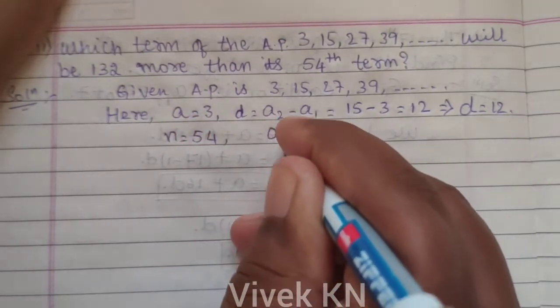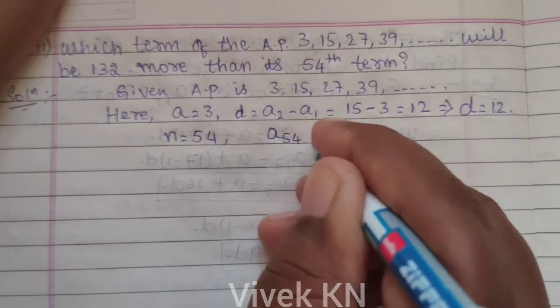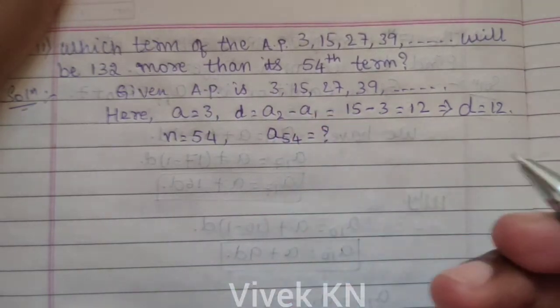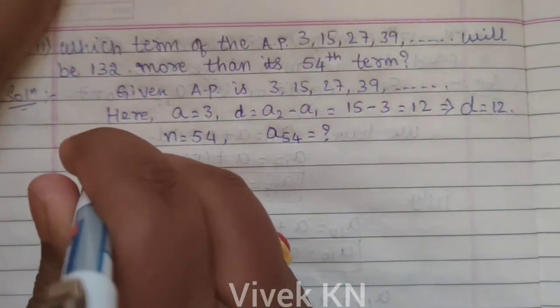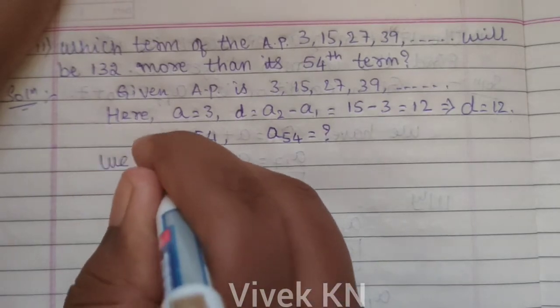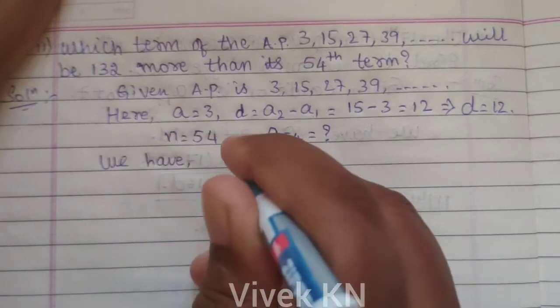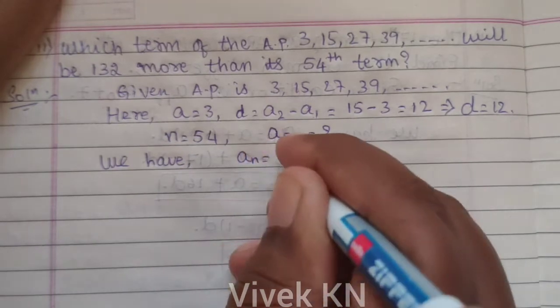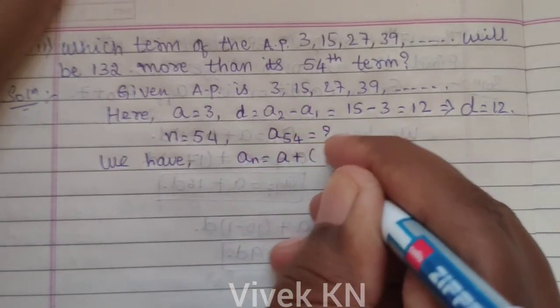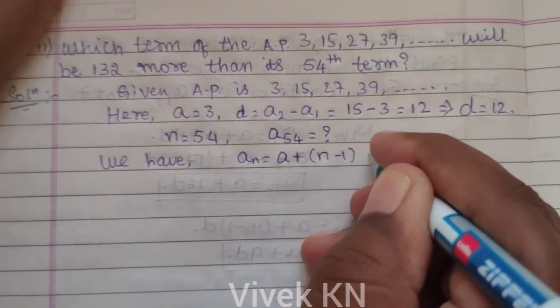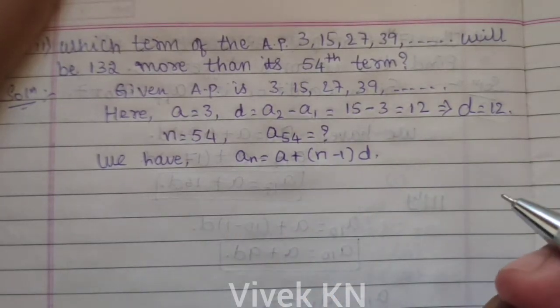Now we are going to find out the value of the 54th term. We have an is equal to a plus n minus 1 into d.